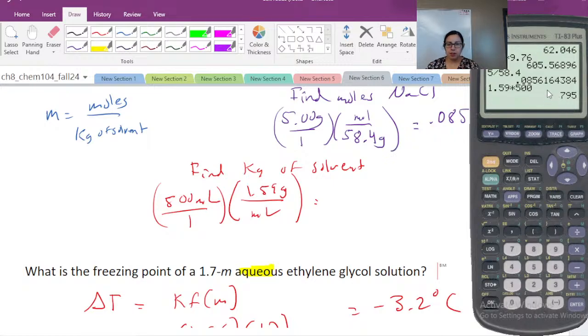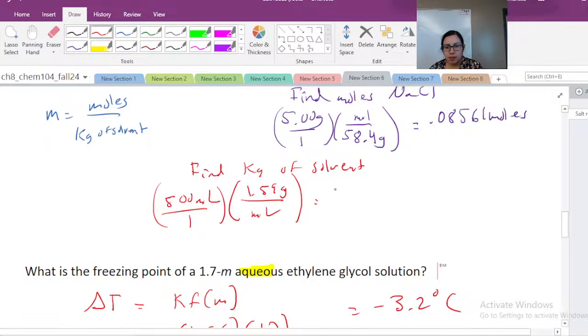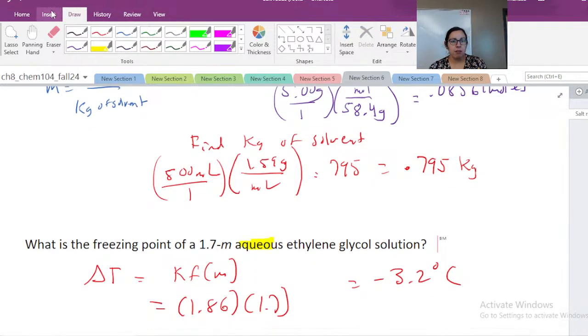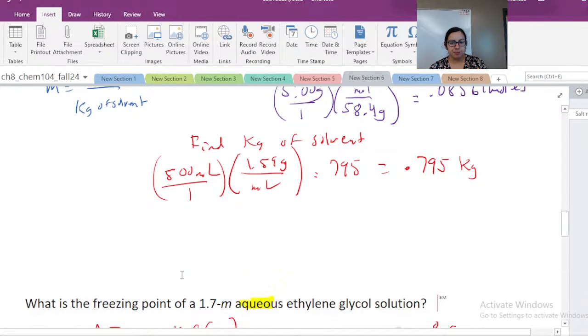So now that's in grams. So divided by 1,000 to give me kilograms, so 0.759 kilograms. So now we can actually calculate our molality. So we're getting to our home stretch, right? We have moles, we have kilograms. Now we can find our molality.